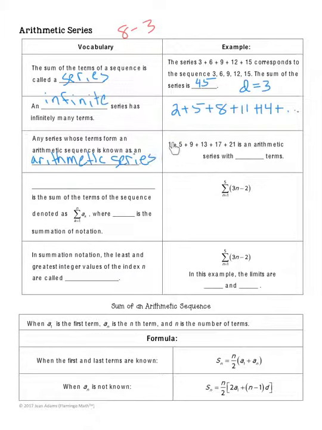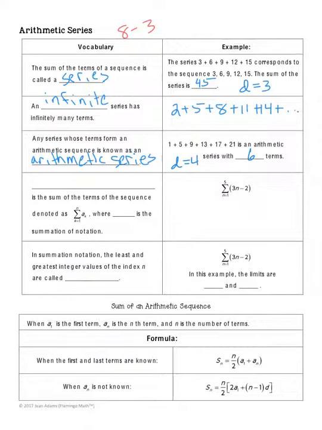So as you can see here, this one right here, if we add 4 to 5 and 4 here and 4 here, 4 here and 4 here, it is an arithmetic series. And this particular one is finite because it has 1, 2, 3, 4, 5, 6. So it has 6 terms. And your d is equal to 4. The d, the fact that it has a common difference, is what tells us that it's arithmetic.